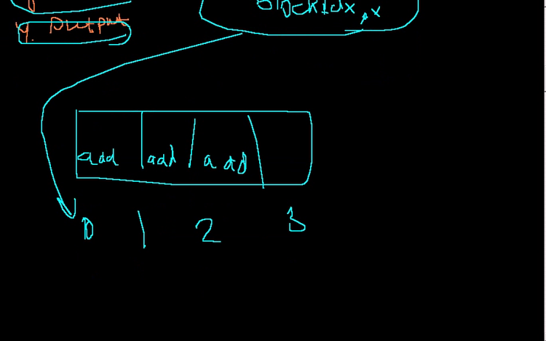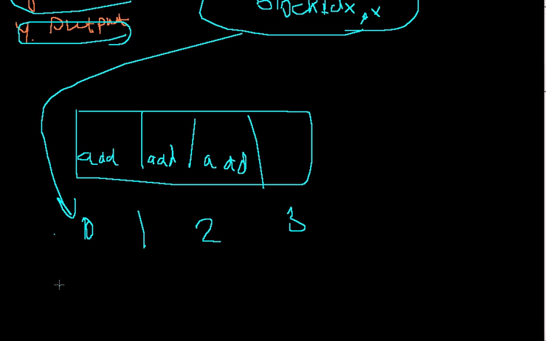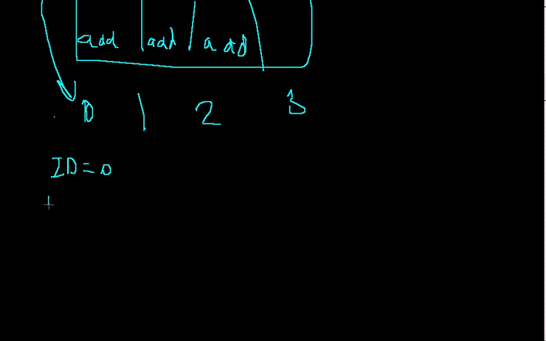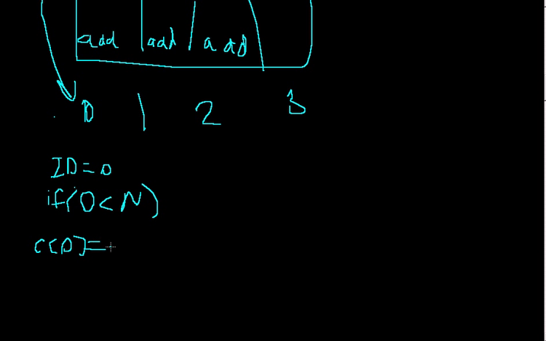And if you consider this function, you will understand that for the first block you will have the following function add: id equals 0, for example, and if statement 0 less than n, c[0] equals a[0] plus b[0].